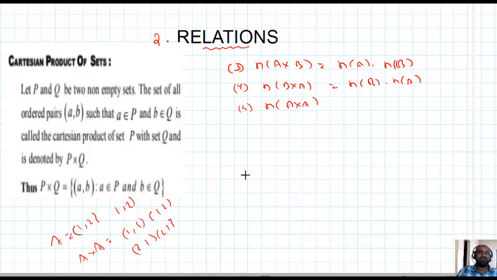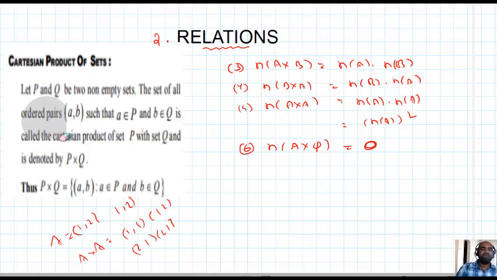This is A cross A. That's why sometimes you need to find n of A cross A, that is n of A into n of A. This is a real number only, just like x into x, x square. I can say n of A whole square. Okay, students. Next one, this is the sixth one, n of A cross phi. Any one of them is empty, so automatically A cross phi is also phi only. That's why directly I can say 0.